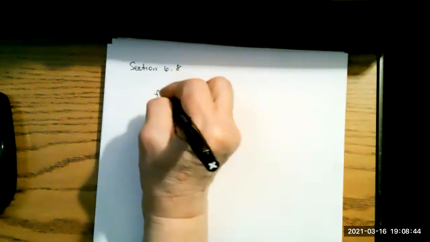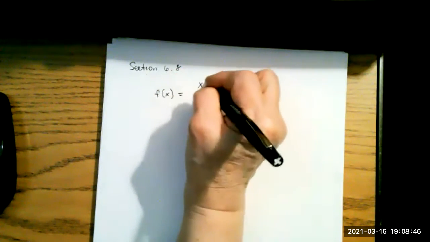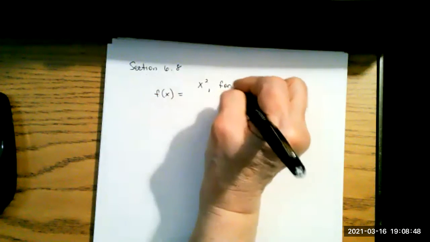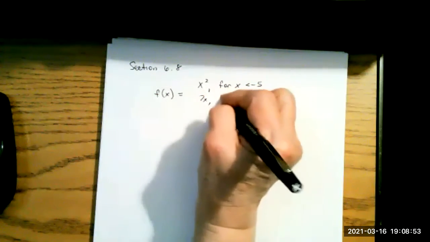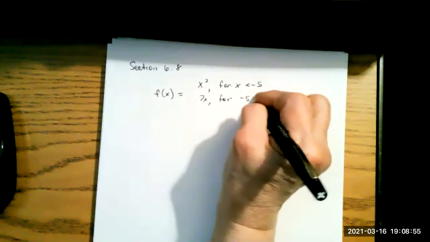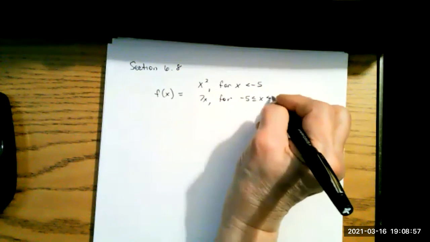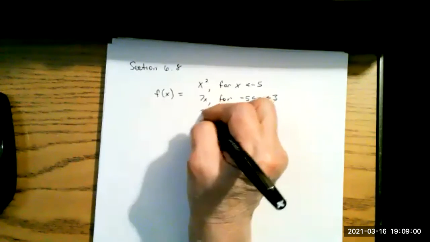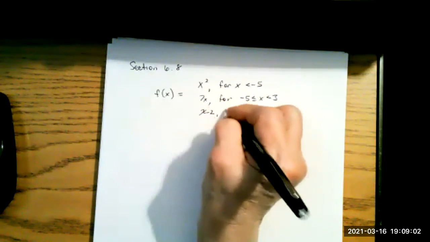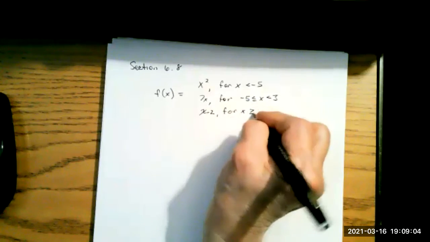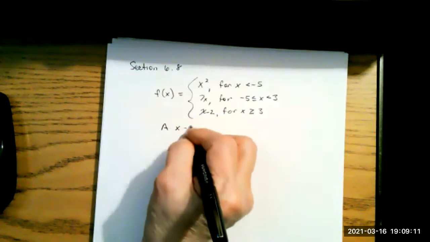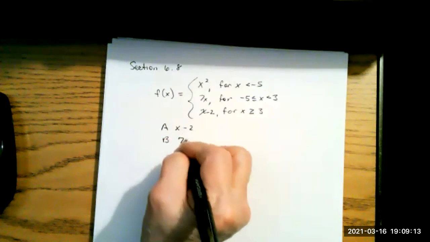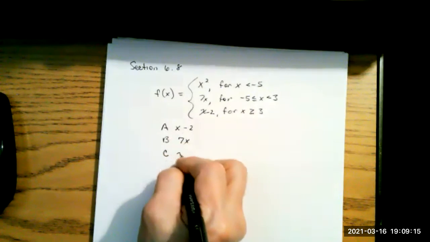So we have this function, x squared for x less than -5, 7x for -5 is between x and 3. This looks like the one that we had earlier. And x minus 2 for x greater than or equal to 3. So they want us to only find one, and they give us choices. X minus 2, 7x, and x squared.